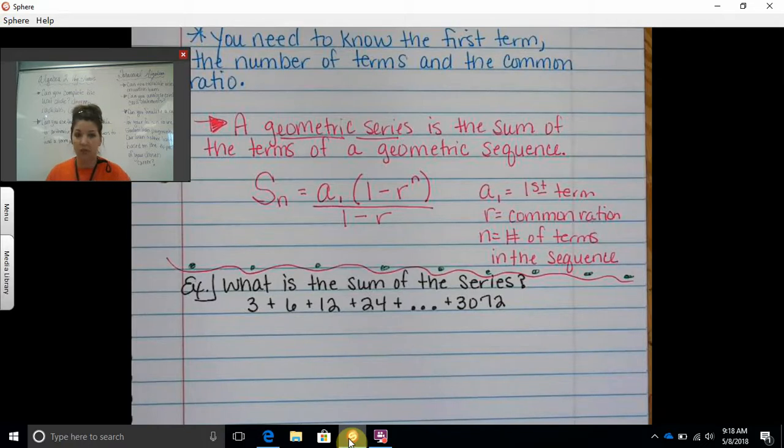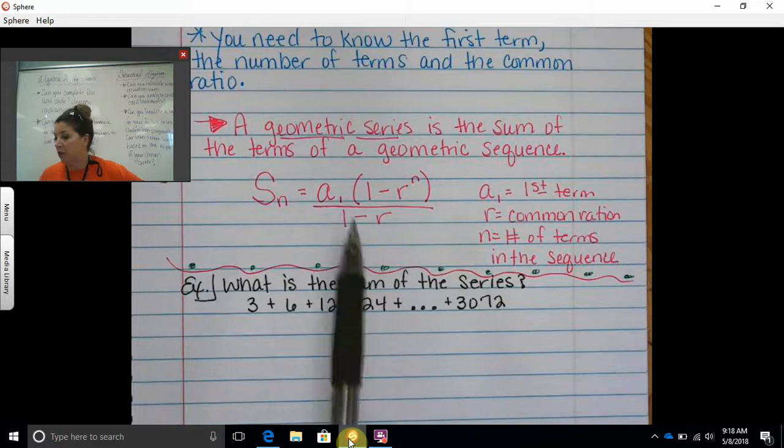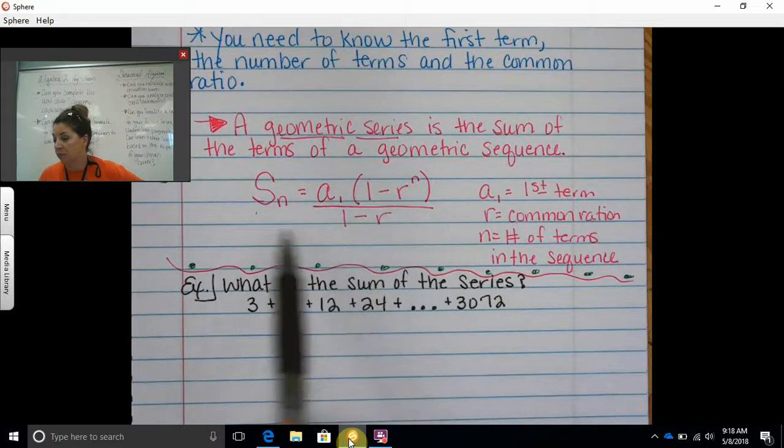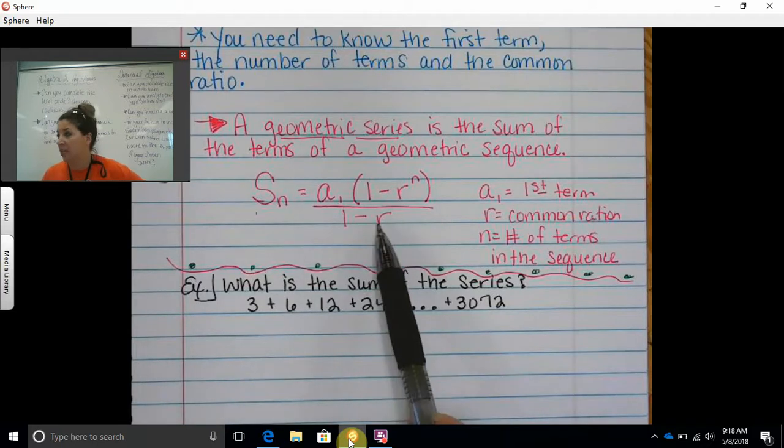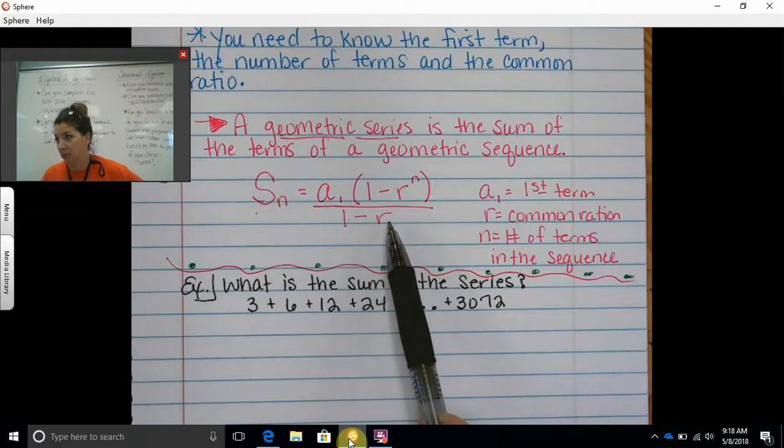So what we can do is, we're not going to be able to start with the geometric series formula. We're going to have to use the explicit formula that we used in the last class to figure out how many terms are in the sequence, and then we can take that and then we can use the geometric series formula, okay?